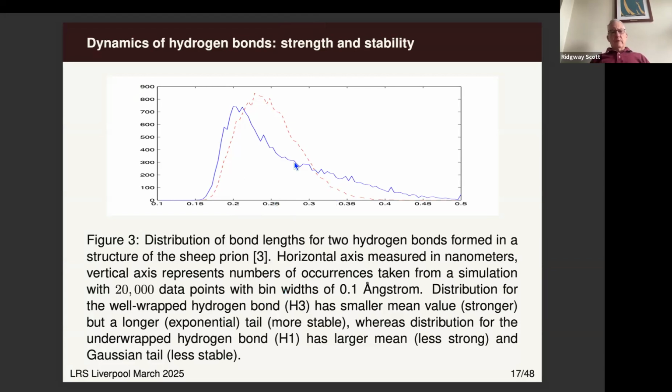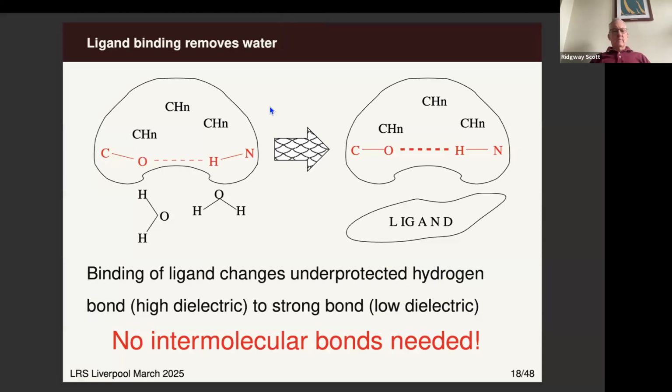And so there are two distinct groups. One of them is stronger. This blue one is stronger. That's the well-wrapped hydrogen bond. And then this one is the underwrapped hydrogen bond, which is looser. The distance of the hydrogen bond is larger, and it decays more rapidly. So the blue one is stronger and more stable than the red one. Okay, so all of this made good sense to us as basic physics of these kinds of hydrogen bonds.